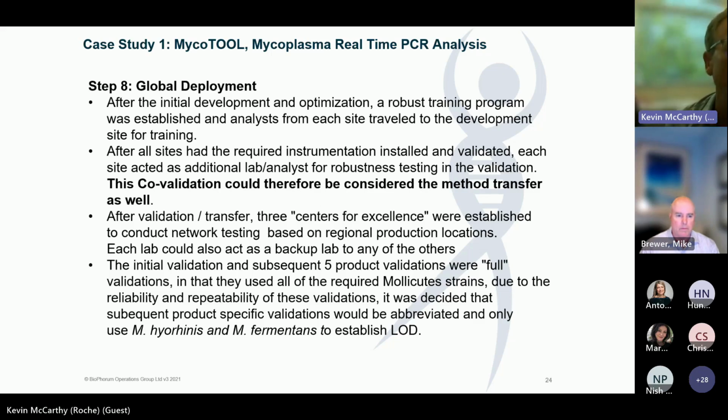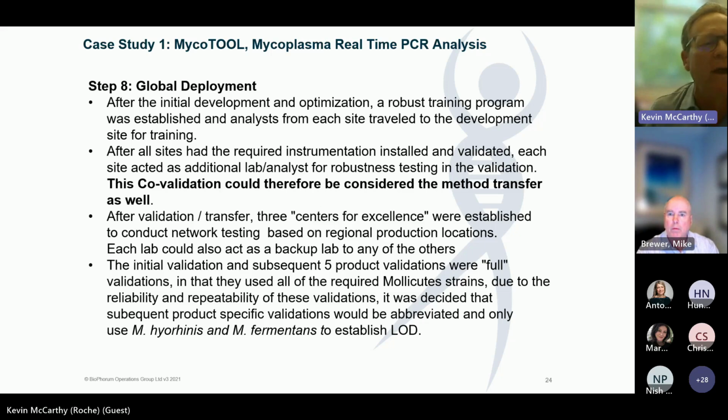After the initial development and optimization, we established a training program where the analysts would travel to the site where the assay was developed and take training there. After all sites had been trained and the required instrumentation installed and validated, each site went back to their home campuses, and each campus acted as an additional lab and analyst for the robustness testing and the validation.